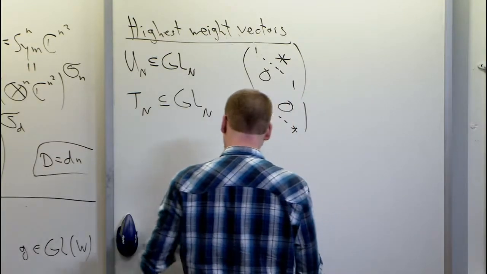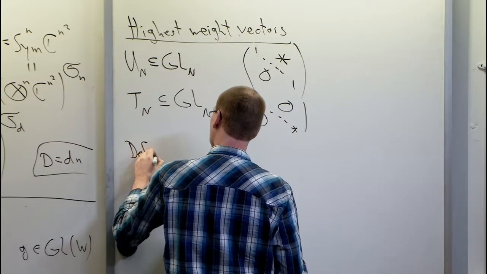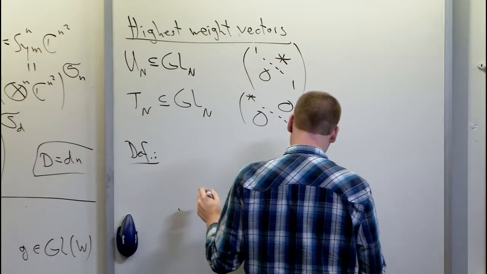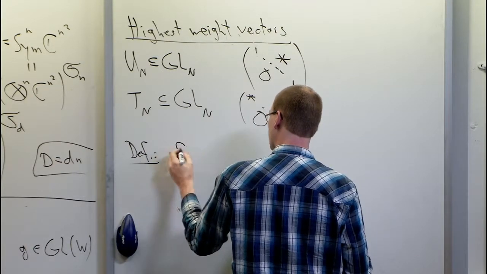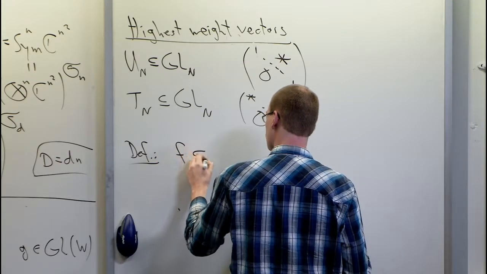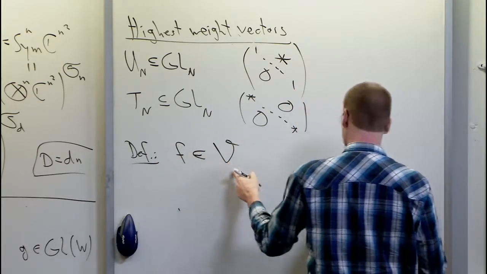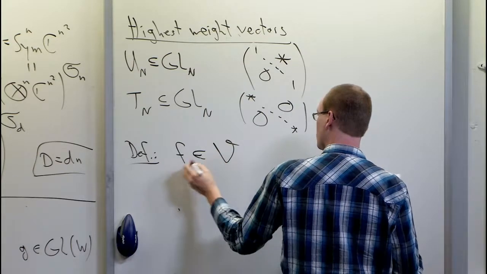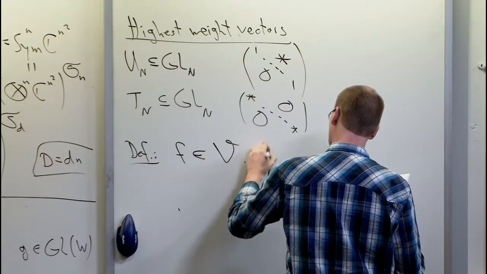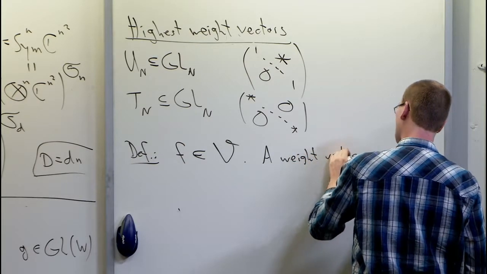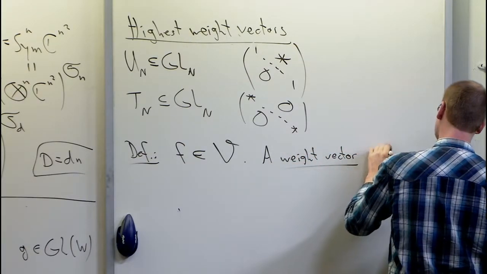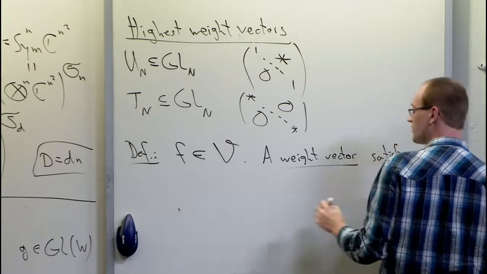So now, first let's define what a weight vector is. You have f in some representation, say V star is a representation, and then a weight vector satisfies just that it's scaled by the action.